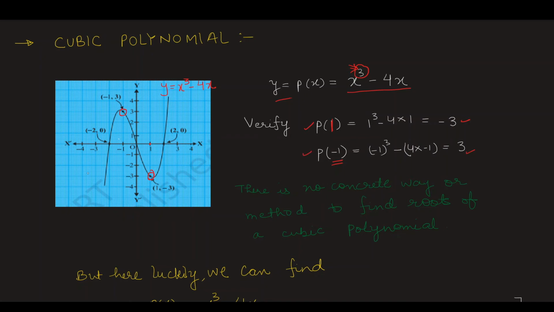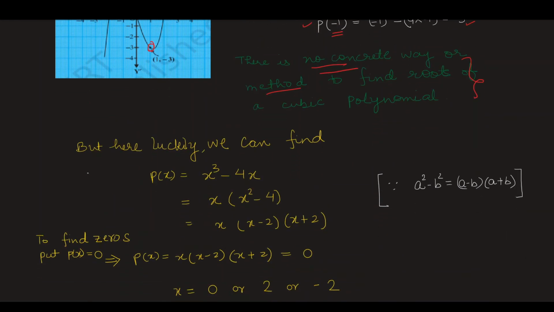See, remember in the quadratic case which we have just learned, we can find the zeros through factorization, and also there is a direct formula to find that. But in the case of cubic polynomial, there is no concrete method to find the roots. But in this case, we can manipulate this polynomial a little bit.